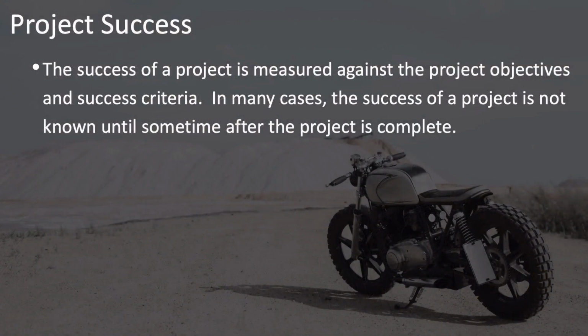This is why the PMBOK guide says that the success of a project is measured against the project objectives and success criteria, and that in many cases, the success of a project is not known until some time after the project is complete.